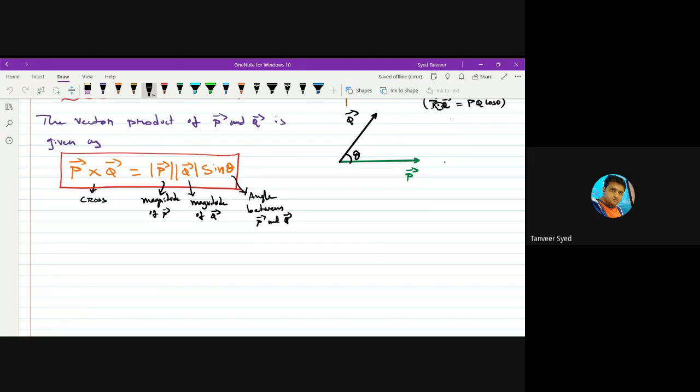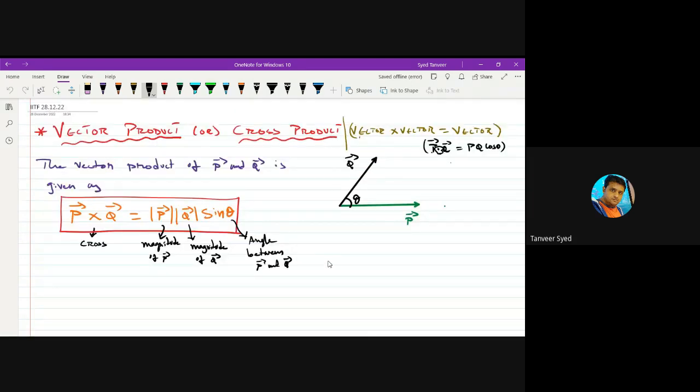Vector quantity means it has both magnitude and direction. The product that you get here has both magnitude and direction because it is a vector. How much is magnitude? PQ sine theta. But what about direction?